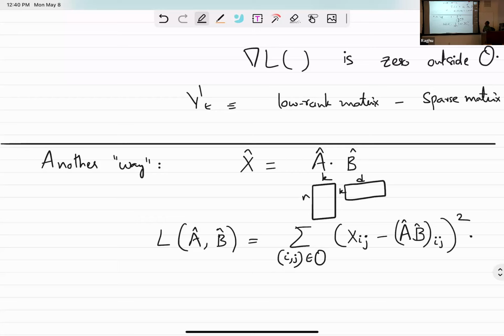It's a non-convex function. You can compute the gradient once again in terms of both A hat and B hat, and then run gradient descent now. But this also does okay. But the earlier method is better, you can analyze it better. And in the cases where it does work, that works better empirically than this.